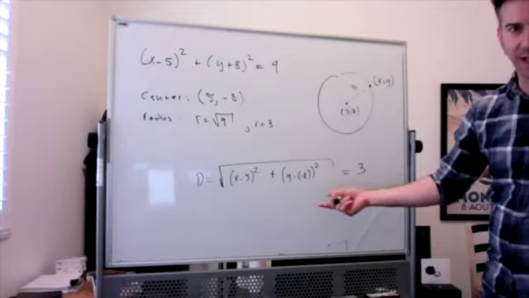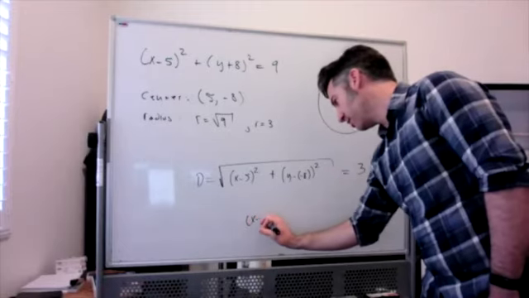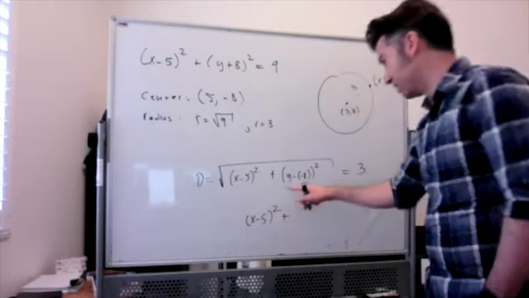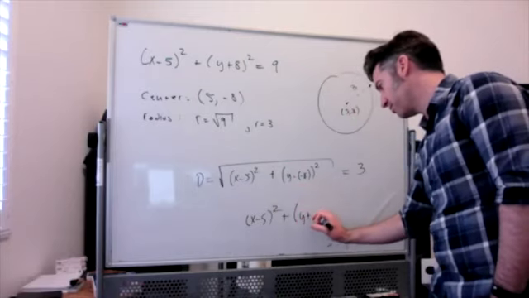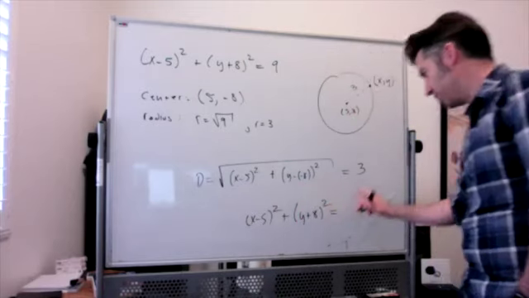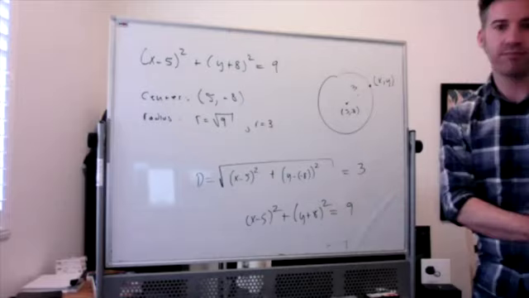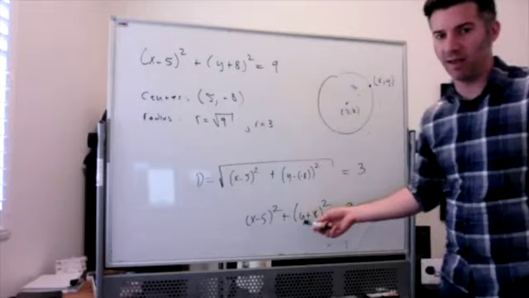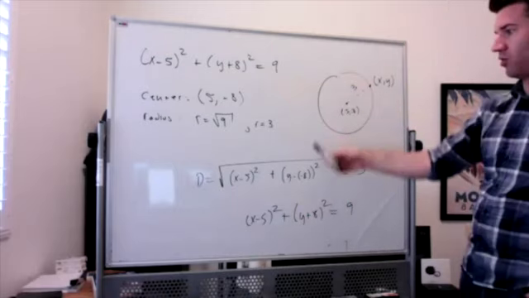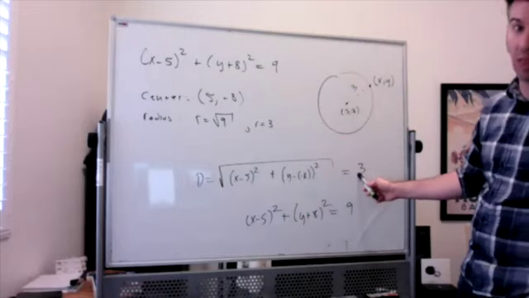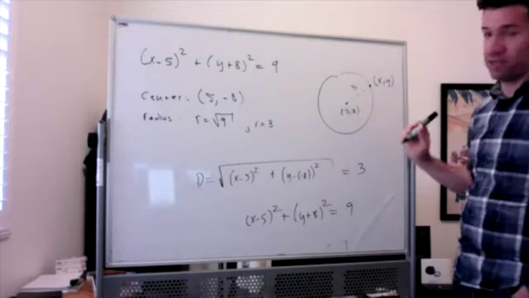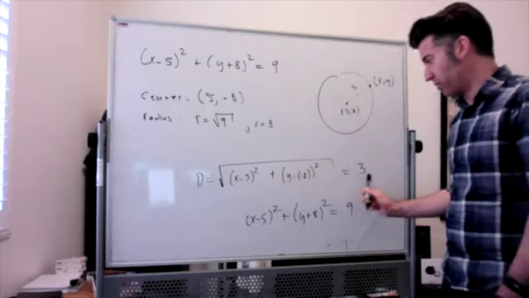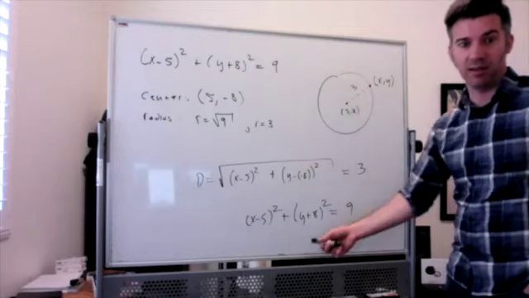Then we square both sides and we get x minus 5 squared plus, I'm going to simplify this, y plus 8 squared equal to the distance squared. So really the equation of a circle is just coming from saying that all of these points on the circle are the same distance, the radius, away from the center, and then squaring both sides of that distance equation to get the equation of the circle.